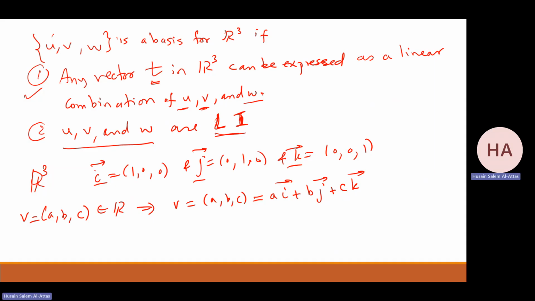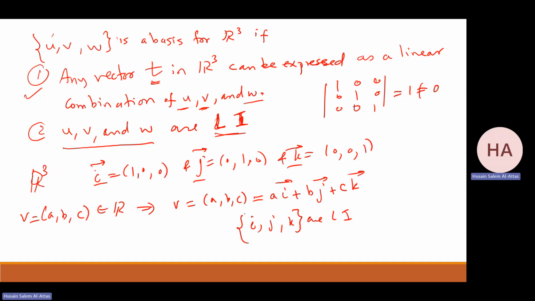So because of that, and they are linearly independent, and I, J, K, they are linearly independent because you can check it easily. I have 1, 0, 0, 0, 1, 0, 0, 0, 1. This determinant is 1, not equal to 0. So they are linearly independent.